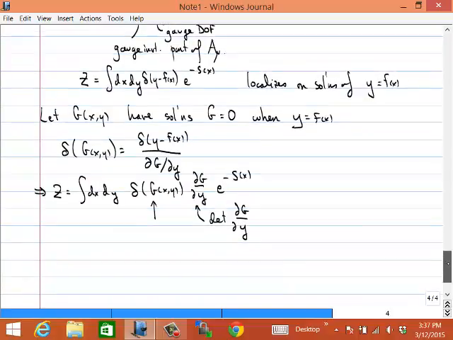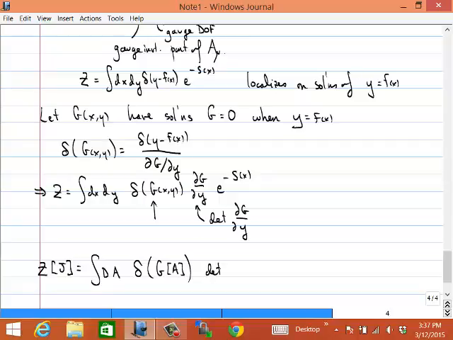So now, applying this to the case of gauge theory, we see that our path integral is now an integral dA of this delta functional of our gauge fixing function g, times what's known as a functional determinant. So a determinant of the derivative of g with respect to theta.